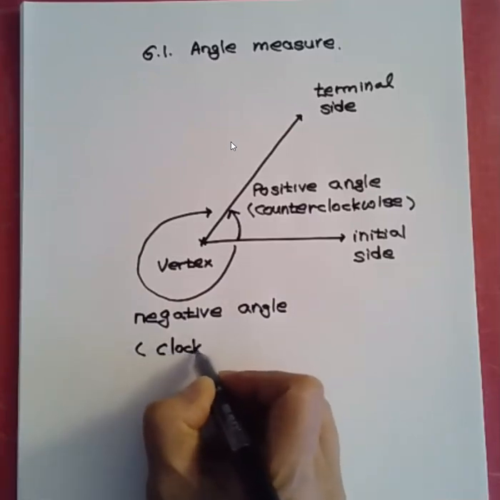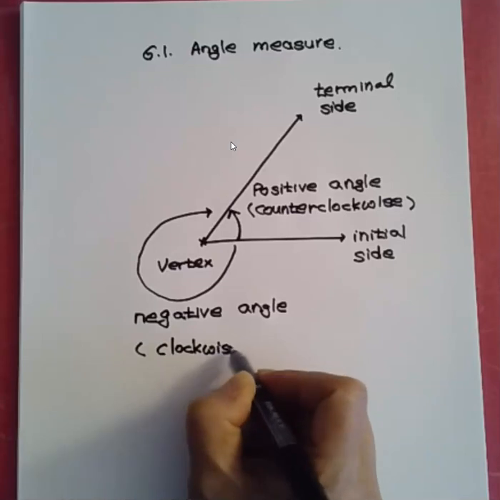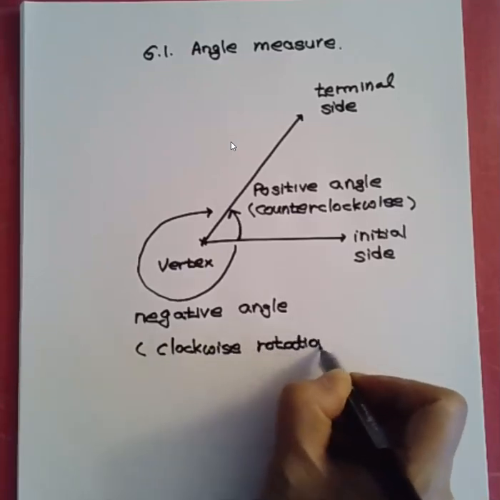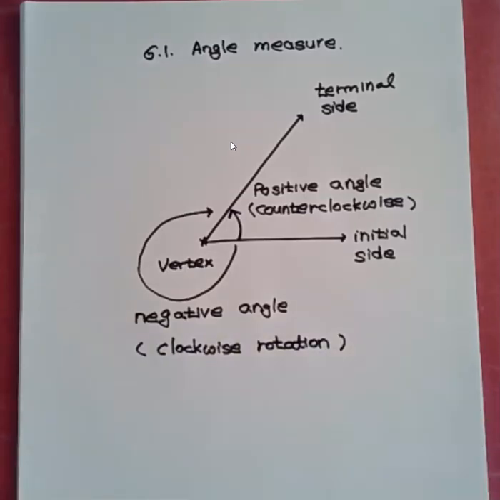This is clockwise rotation. Positive and negative are number sense.